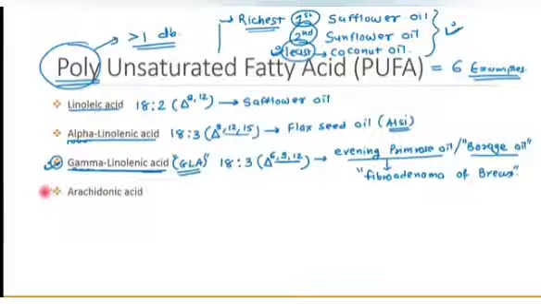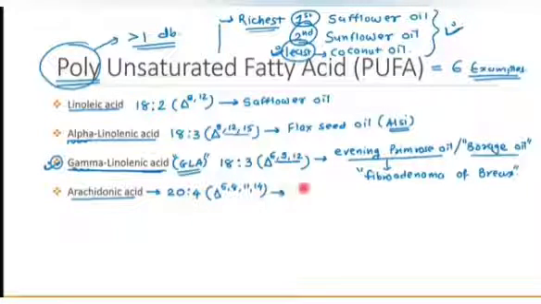The next example is the arachidonic acid. This arachidonic acid is a 20 carbon long compound having 4 double bonds, and the locations of the double bonds are delta 5, 8, 11 and 14. Okay, so this is the shorthand technique for the arachidonic acid.